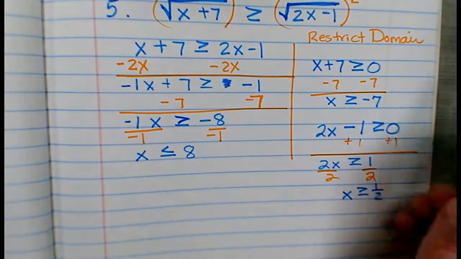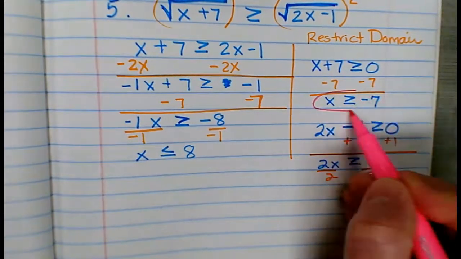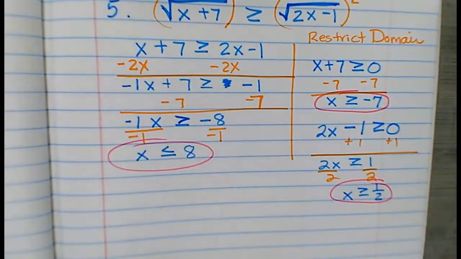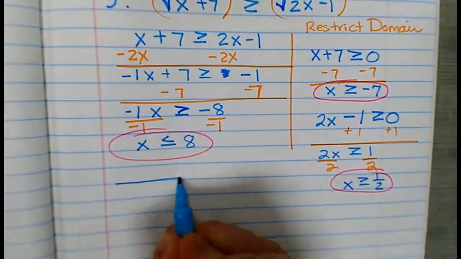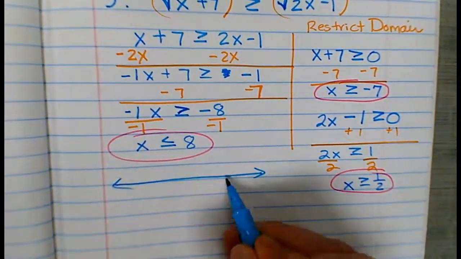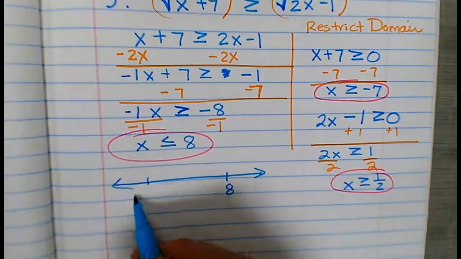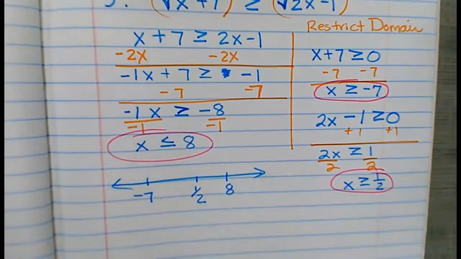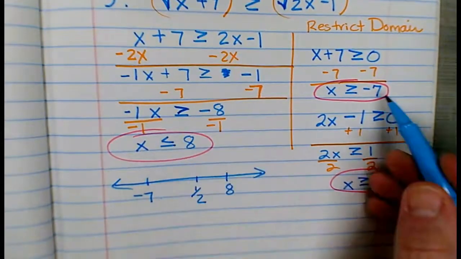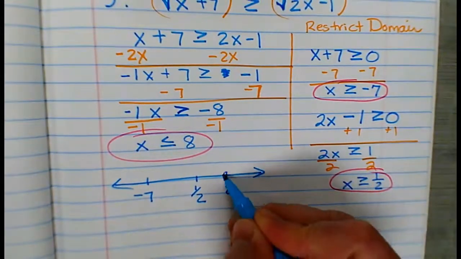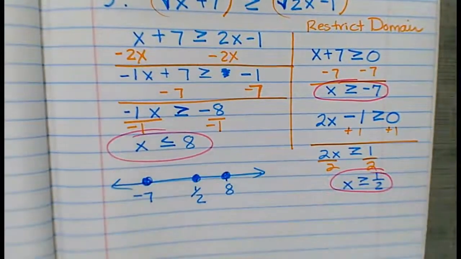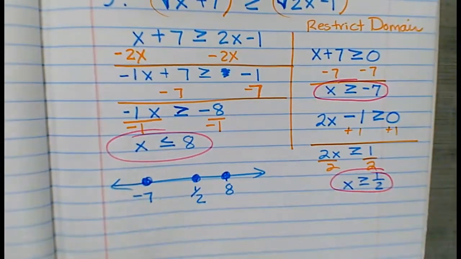So we have 3 parts to our answer. Let's put them all together on a number line and see what we come up with. These are all or equal to, so we have closed dots.